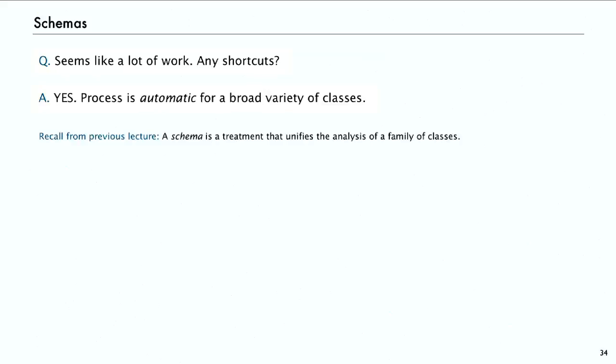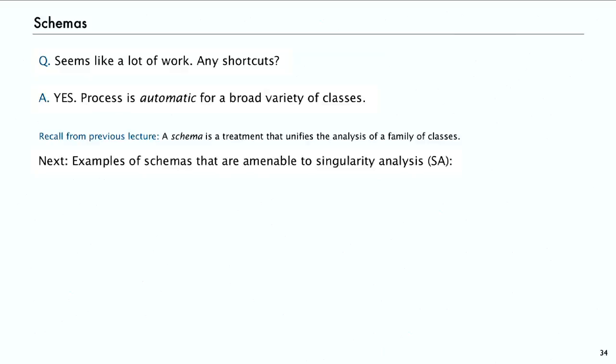We saw one of these in the previous lecture, where we refer to a treatment that unifies the analysis of a family of classes as a schema. And now we're going to look at examples of schemas that are amenable to singularity analysis.